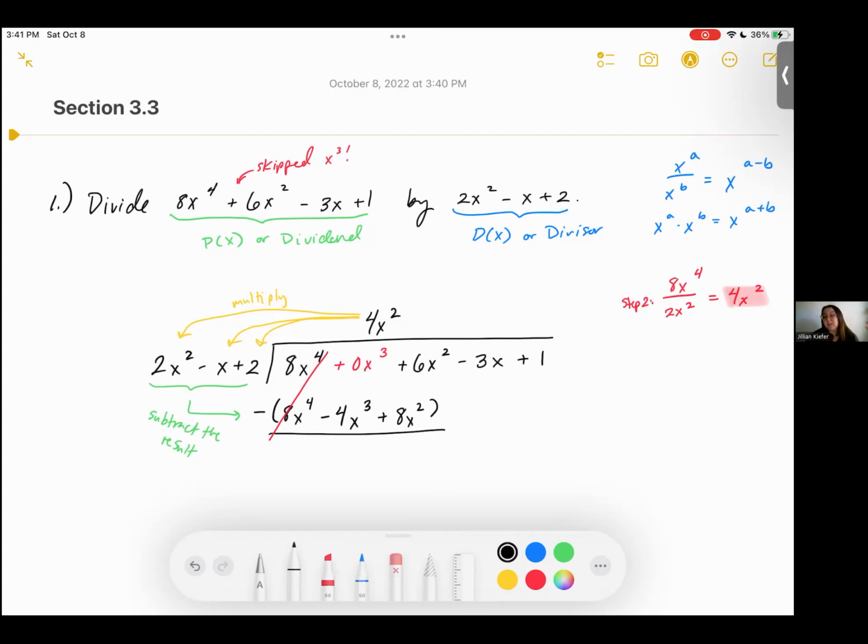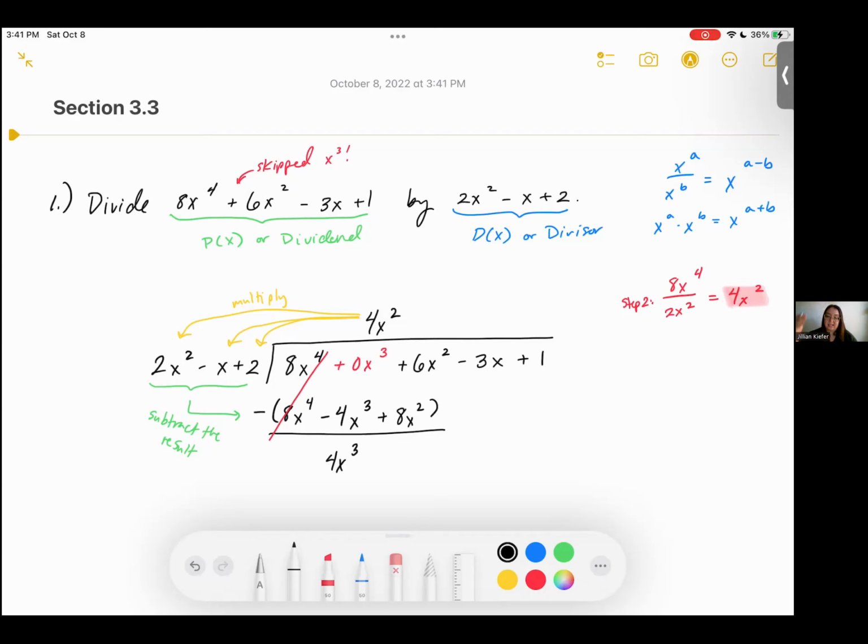So if you're subtracting the whole statement, and then inside your statement you have another subtraction or a negative sign, that's going to be double negative. So that's going to become plus. So 0x to the power of 3 plus 4x to the power of 3, which ends up being 4x to the power of 3.